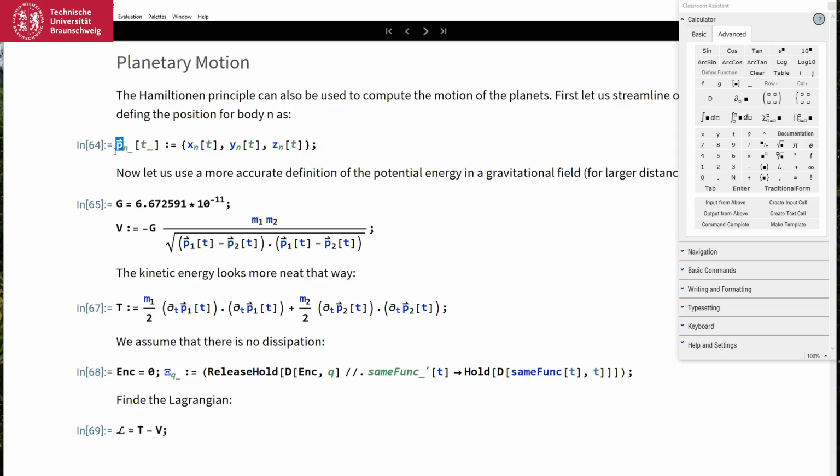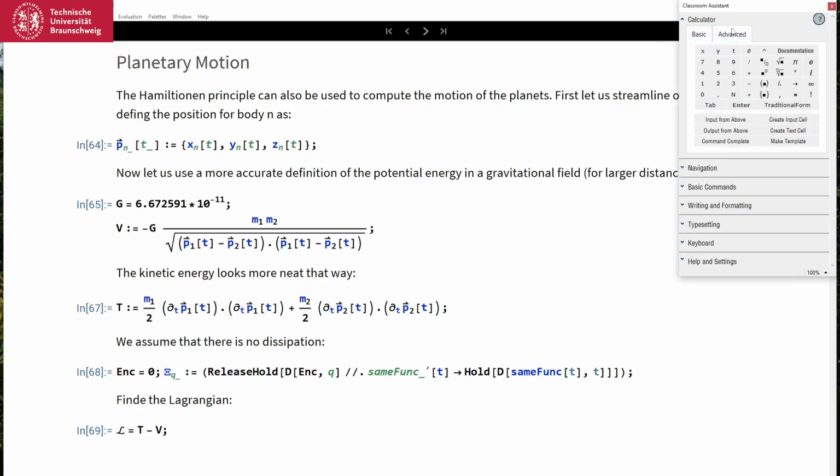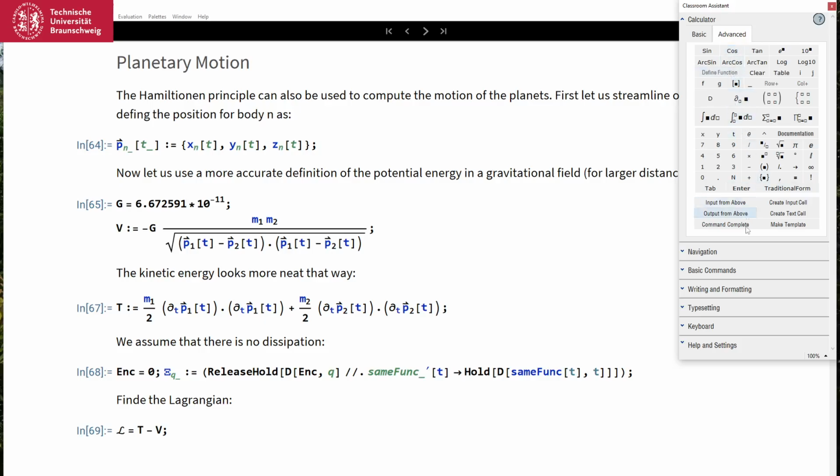This is, let me see, P. Control up is the wrong one. So you can also write an index with control up, or you can use, I should give you this as a homework to find this out.